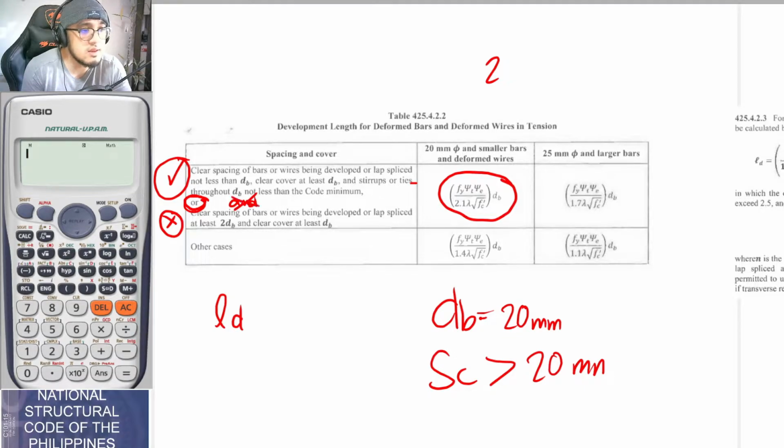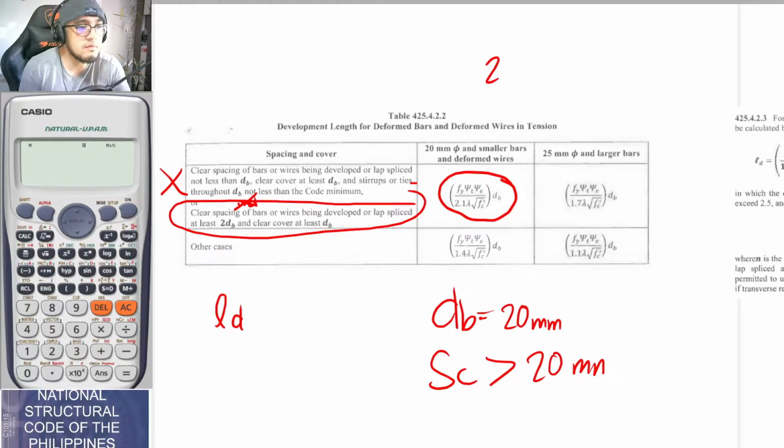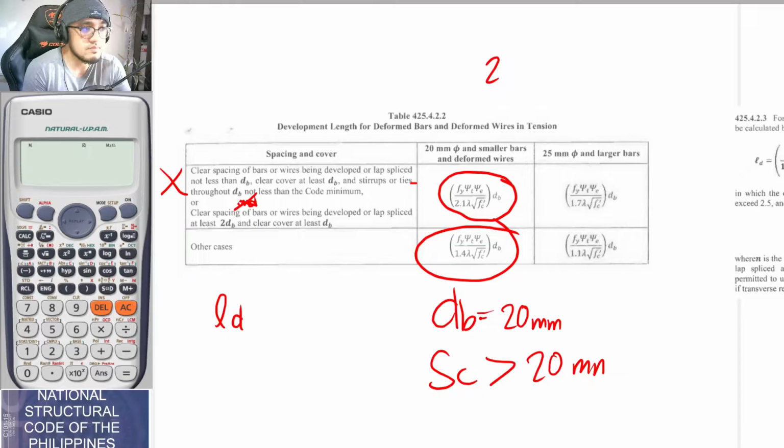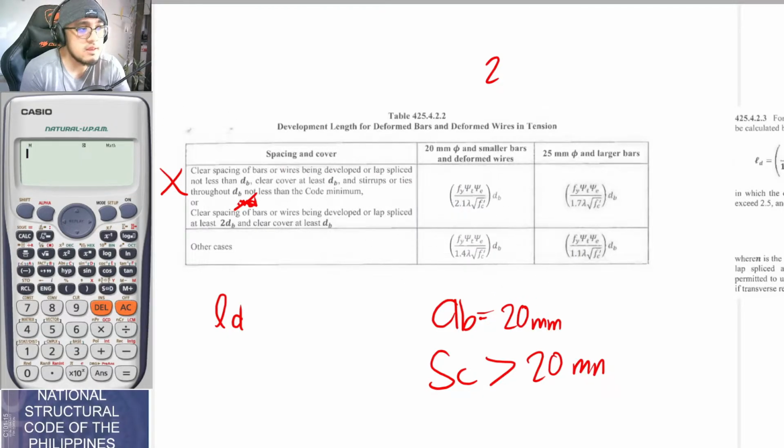So once this is already adequate or conforming, I do not need to check this any longer. But let's say that this is non-conforming, check for this first before concluding that you will be making use of this provision or this formula. But once again, this formula here is adequate already.